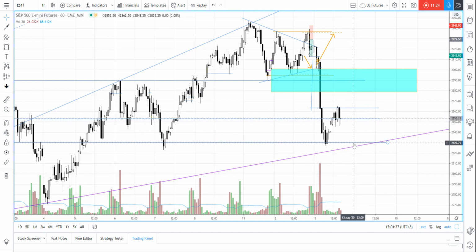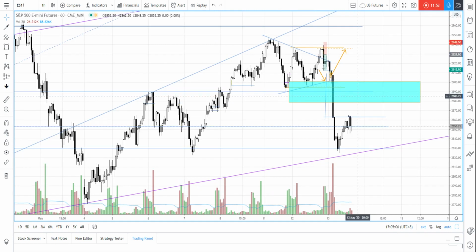As you can see, this 2850 level is providing some kind of support. It's just bouncing up and down there, and we'll probably see some deeper test into 2890 if the market is lenient. Then just pay attention to whether there is some kind of rejection or reversal signal, and then we can initiate a short entry.